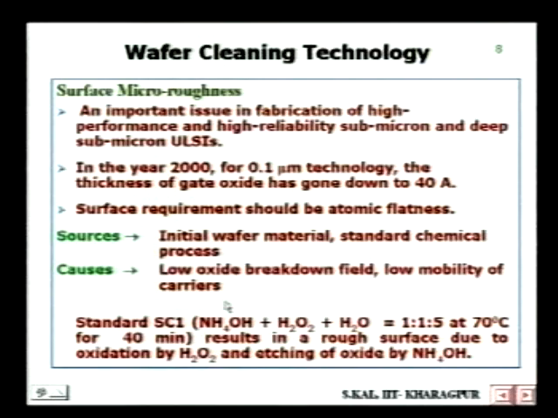So surface etching may lead to some kind of roughness. In the SC1 cleaning technique, the hydrogen peroxide oxidizes silicon, and that oxide is etched by the ammonia solution, which produces some kind of roughness.